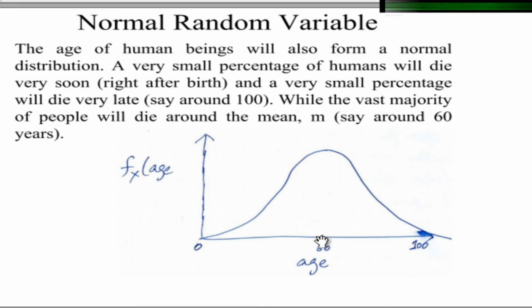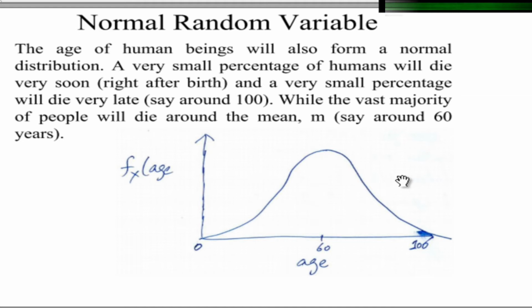If the average age is 60 across the globe, this is the average which we have, and it has some dispersion, which is represented by the standard deviation, or you can also call it the variance.